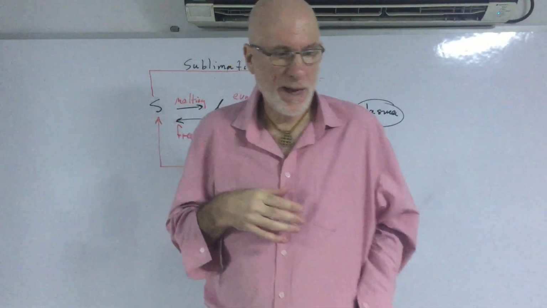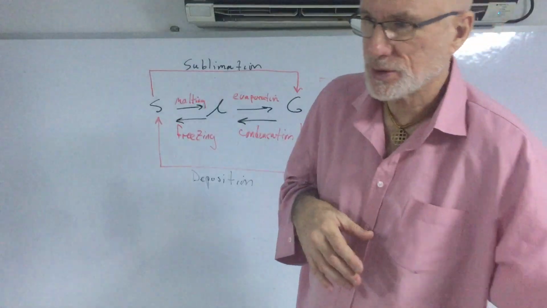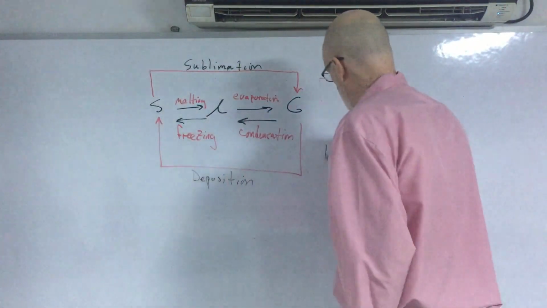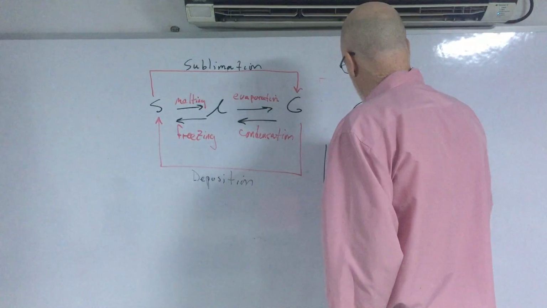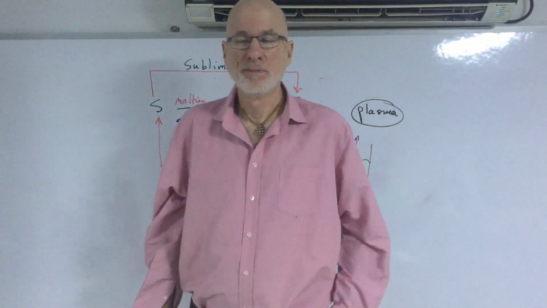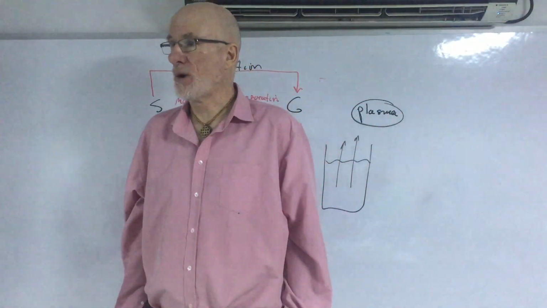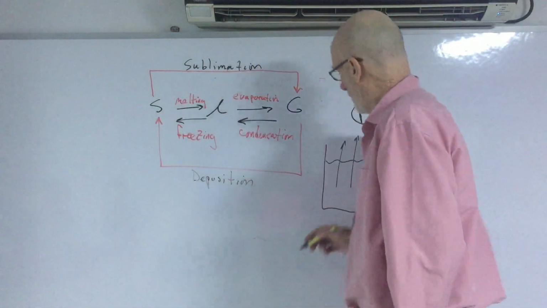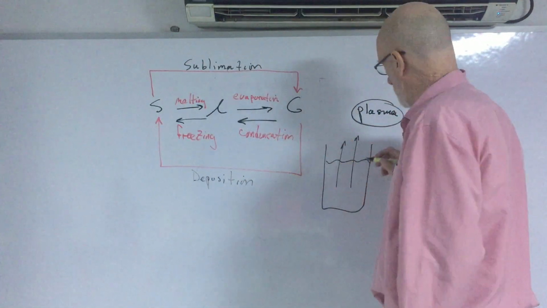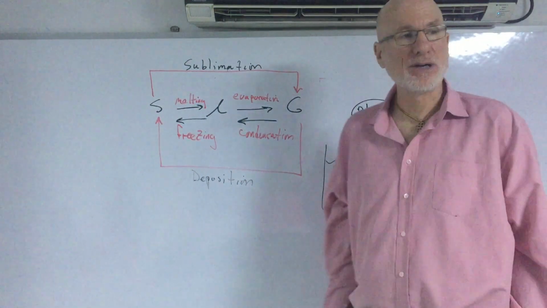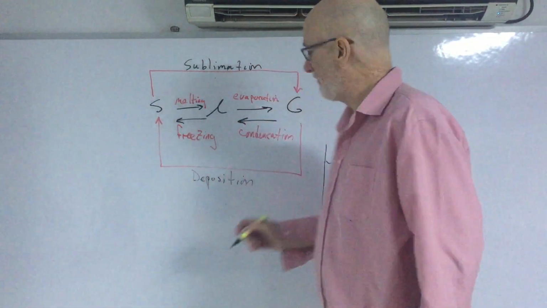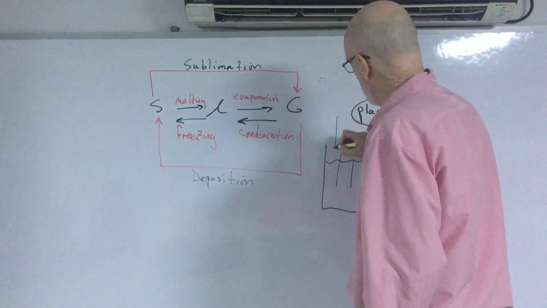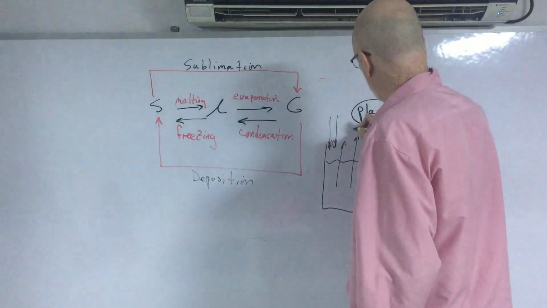So, when water boils, Alvin, you're the one that asked this. When water boils, it's going to give off gas. Yes? That's going to create pressure. That gas that evaporates is called vapor pressure. Does that make sense? When that vapor pressure, this is the atmospheric pressure, right?